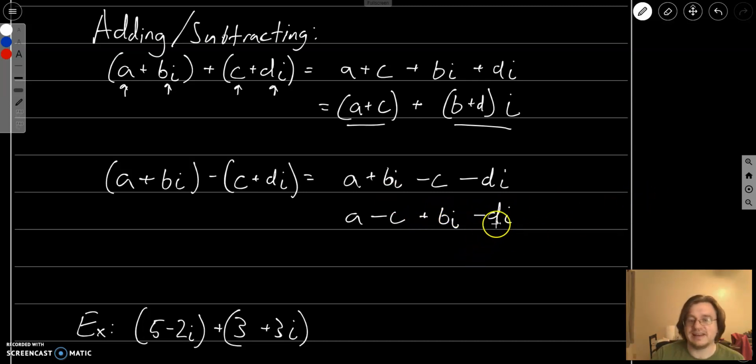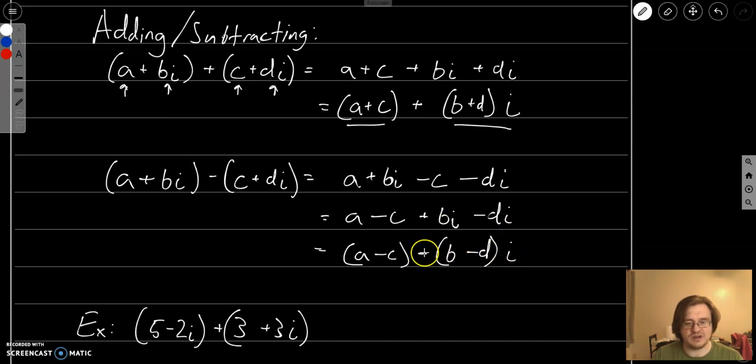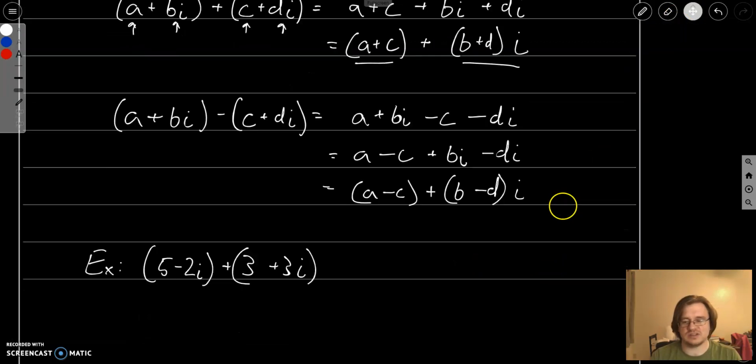And then after that, now I can write this in standard form. So the a minus c is going to be the real part because it doesn't have an i in it. In the back, I can pull out an i, and I'll have b minus d. And this will be the imaginary part. So we can add and subtract imaginary numbers.